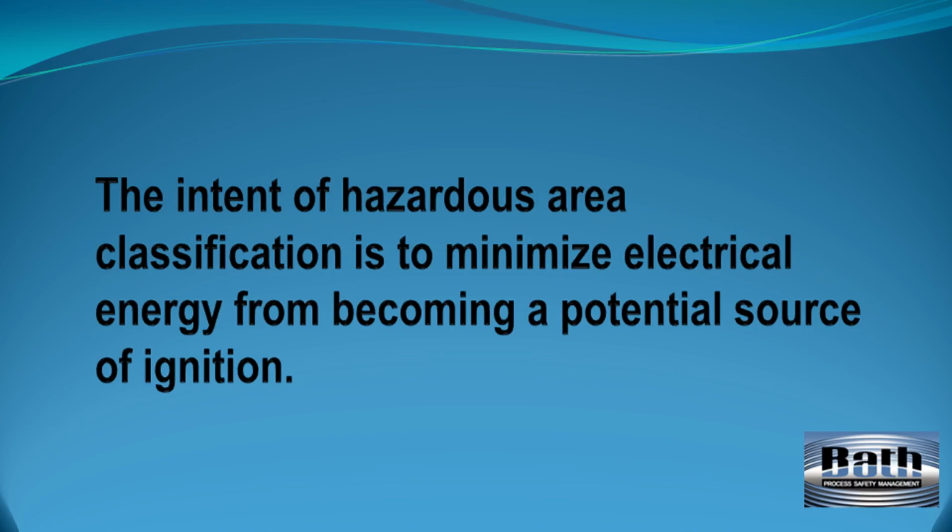If flammable materials are introduced into the building, then specific API RP 500 analyzer room or building guidelines are applied in determining the hazardous area classification of the building's interior. Remember, the intent of hazardous area classification is to minimize electrical energy as a potential source of ignition in a hydrocarbon-enriched atmosphere.